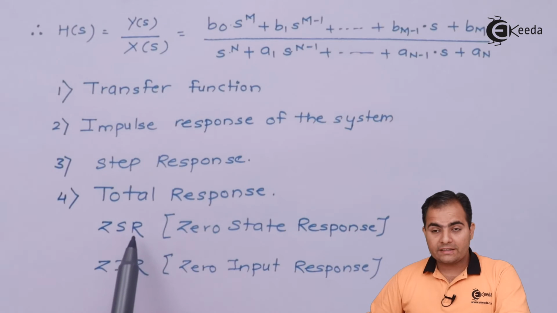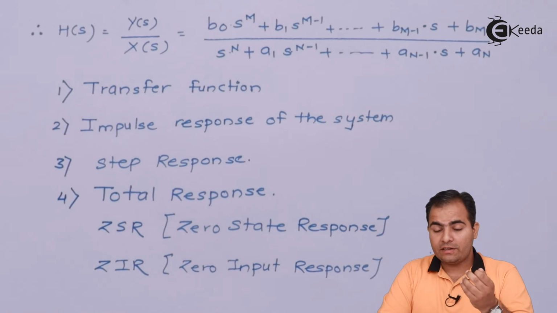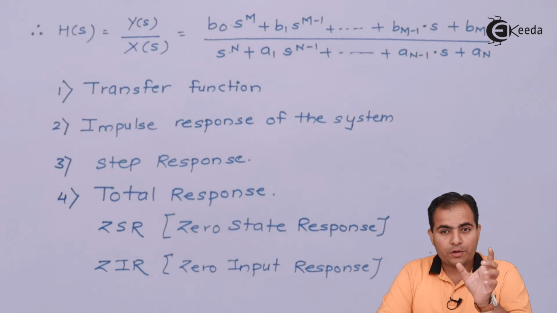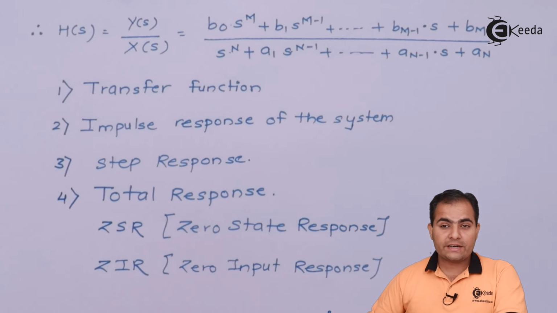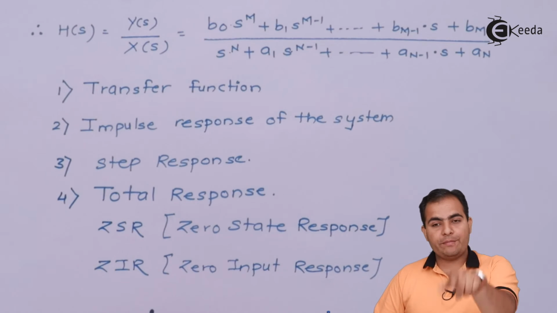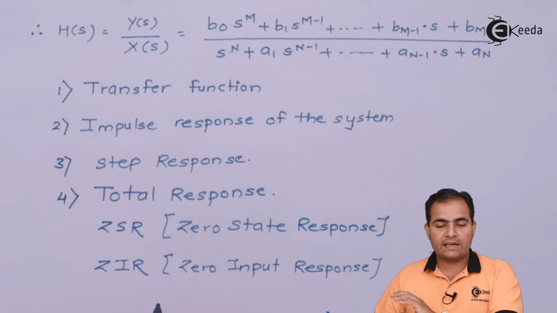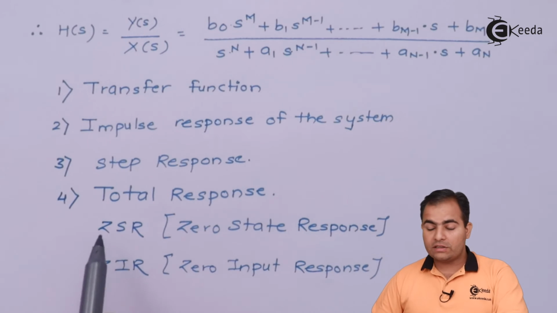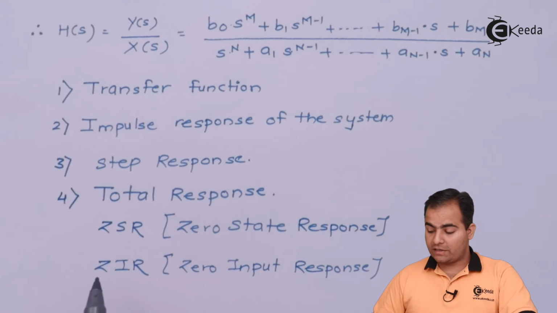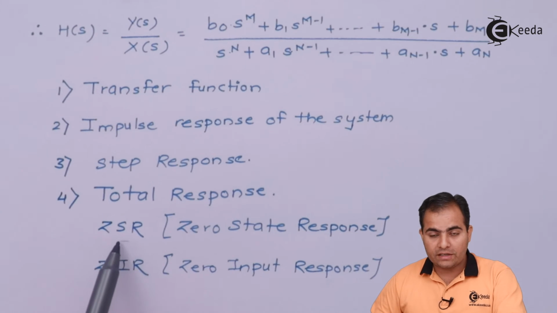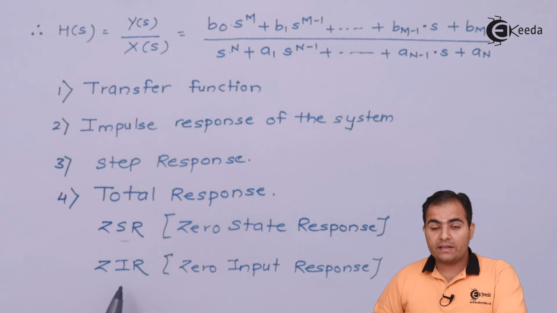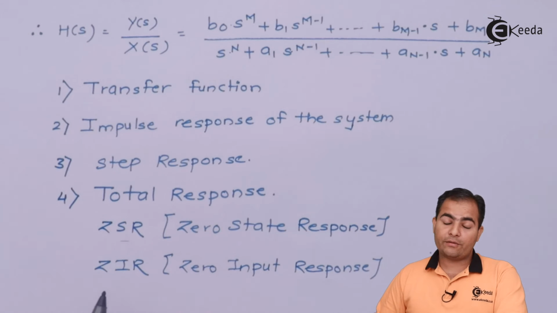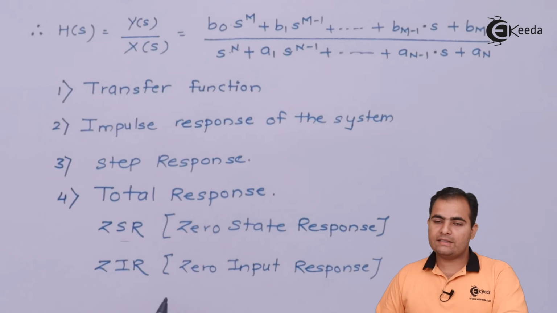Whatever output you get is nothing but the zero state response. So both conditions are opposite to each other. Here we apply an input signal, but assume initial conditions are zero. There we apply initial conditions, but assume the input signal is zero.